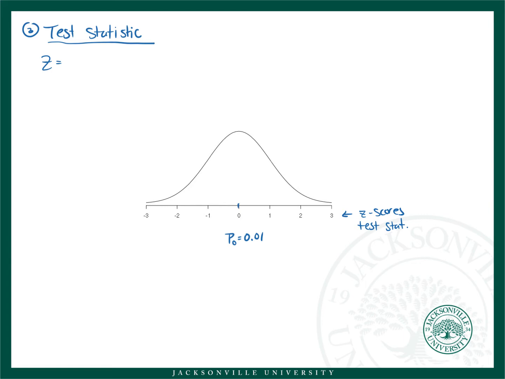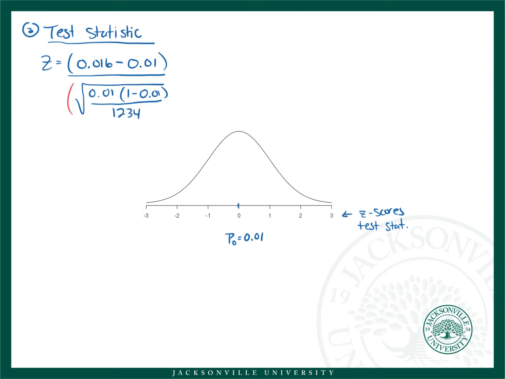The formula calls for our p hat, which is 0.016, minus our p naught value, which is 0.01. We divide that whole thing by the square root of our p naught, which is 0.01, times 1 minus p naught, divided by 1234, which is our sample size.